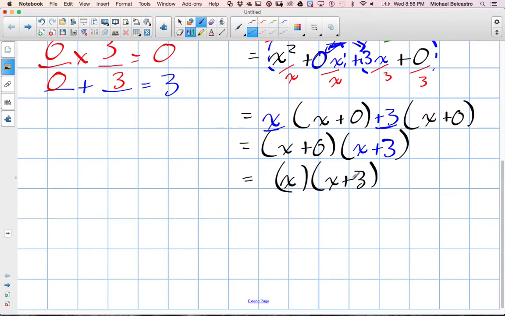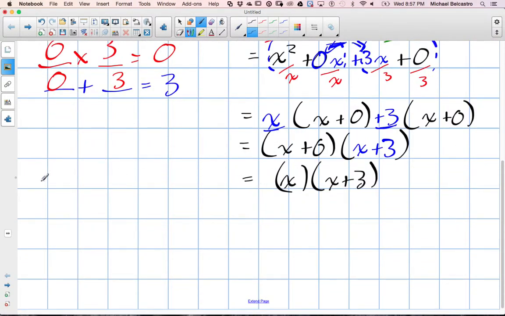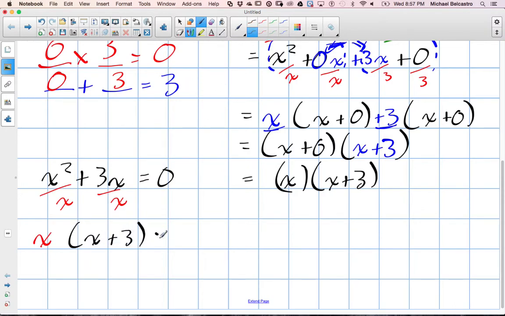This is considered a very long way of doing this. Let me write the original one over here again: x squared plus 3x equals 0. If I had just common factored x out from the very beginning, I'd be left with x times x plus 3 equals 0.